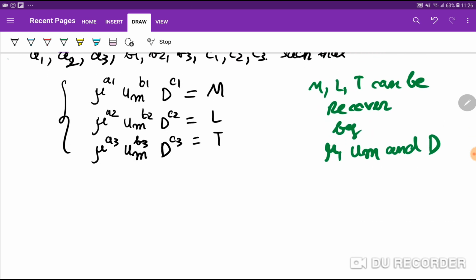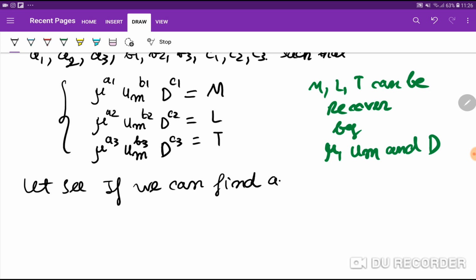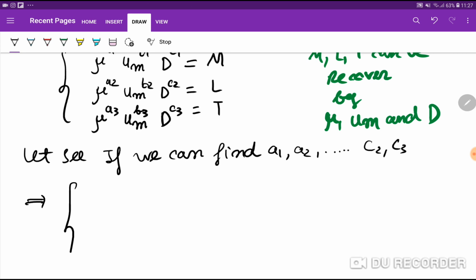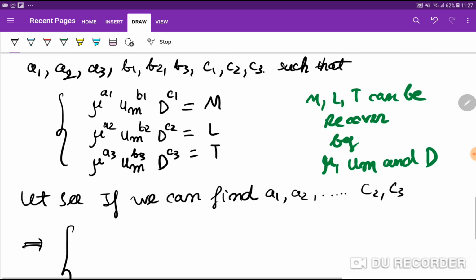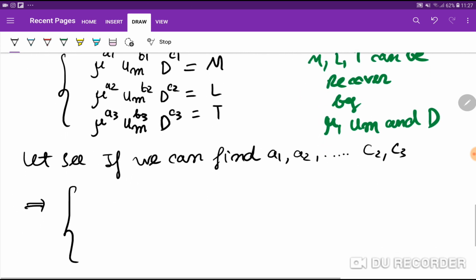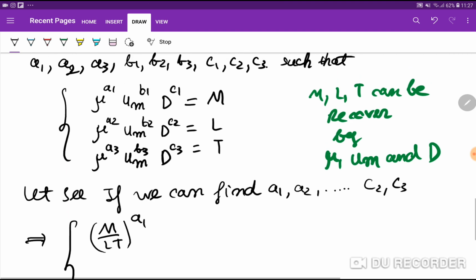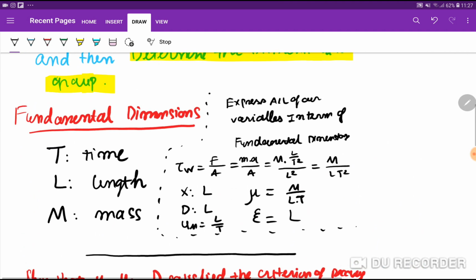Again, this is in terms of units, so let's see if we can find A1, A2, up to C2, C3. From above, I will write these in terms of the units. So mu, recall, is mass over length times time, to the power A1. Okay, I'll show you where we have that here.